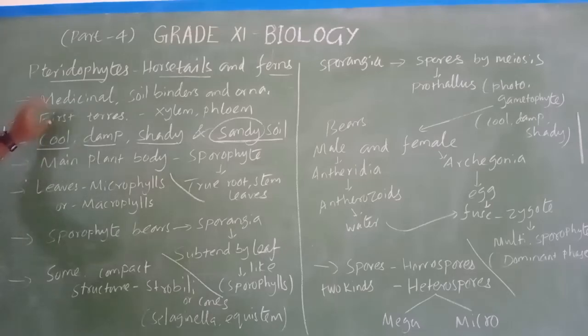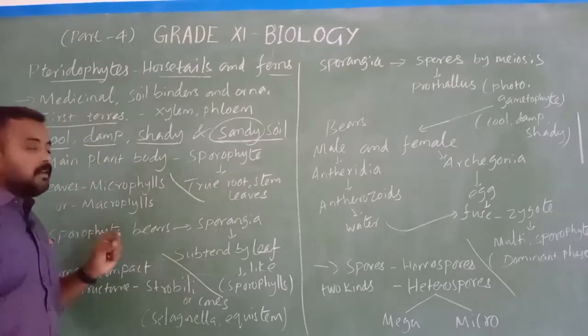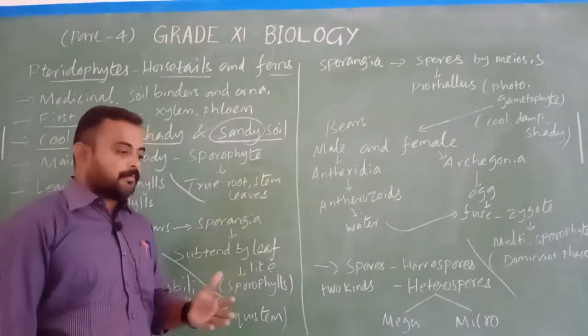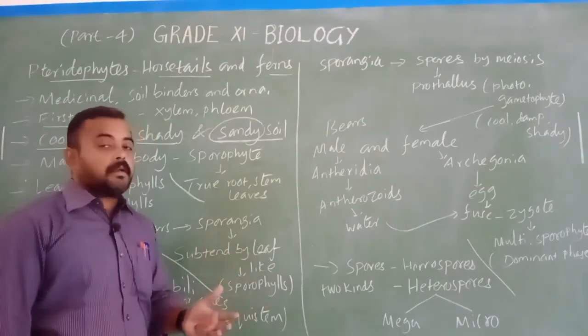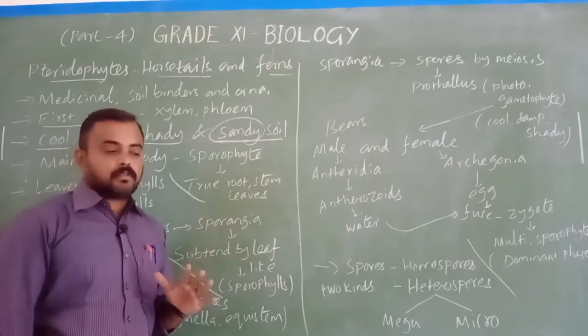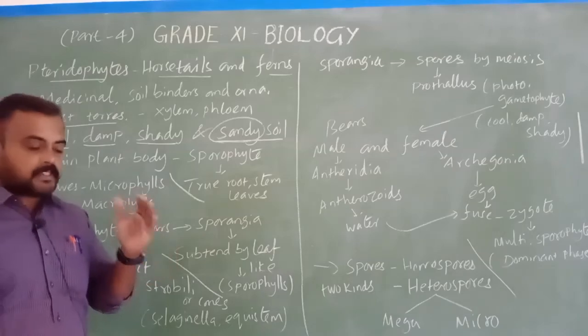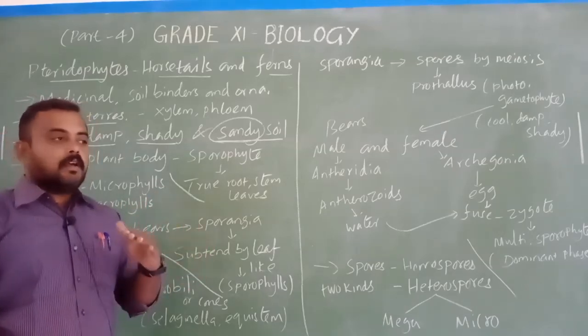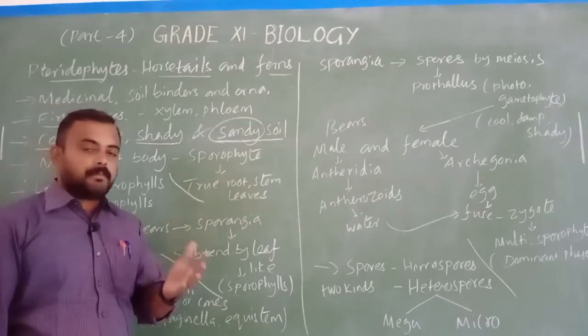The next point: this is the first terrestrial plant actually. Before that, algae mainly live in the aquatic region, so first it was water. Then after that, bryophytes are called amphibians.